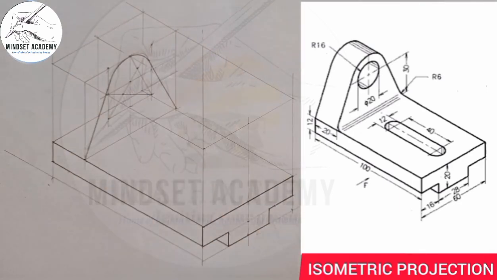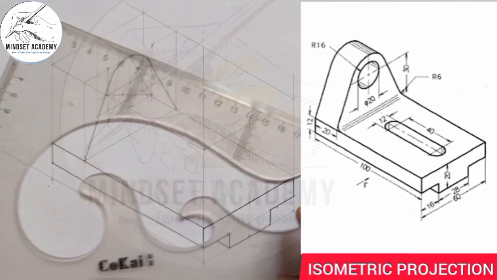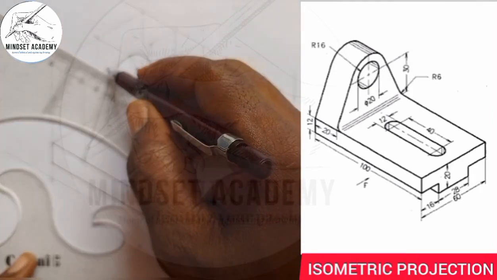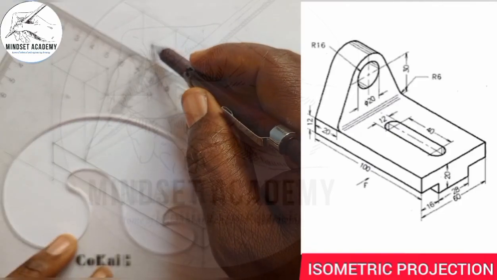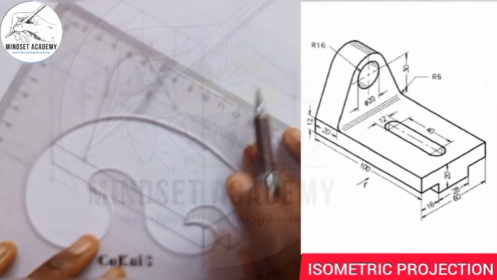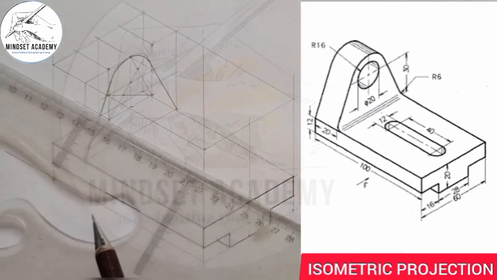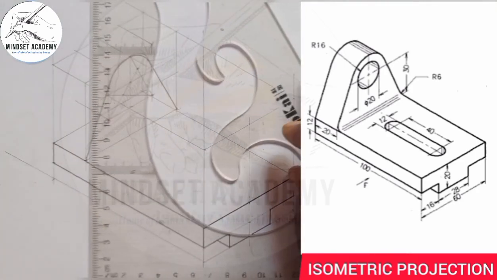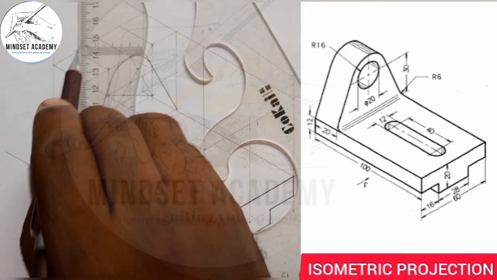So we'll do the same thing at the back, right? What I'll simply do is transfer my points. I don't have to do too much. So if I transfer this point backward this way, I transfer these two backward this way, and I transfer these two backward this way. So where this line from here meets this, right?